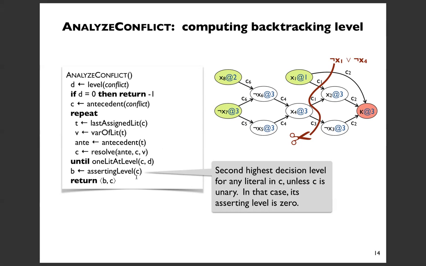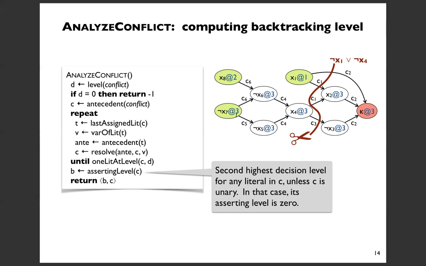And the asserting level, what is the criteria that is used? See, after adding the conflict clause, you could just backtrack to the latest level, which is also doable.